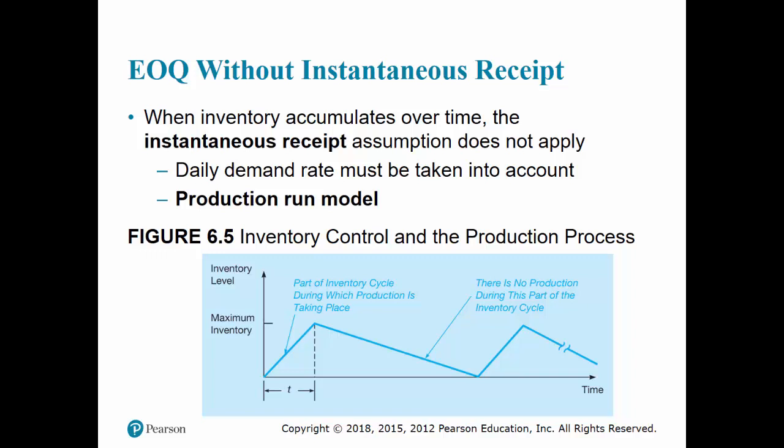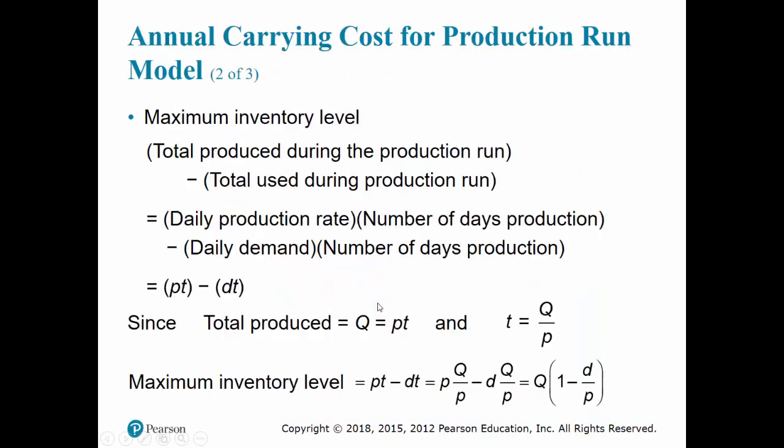If we can figure out how long the production run will be in that same time unit, then we can multiply by T and we will get the value for I sub max. That turns out to be Q over P. Q is the production quantity and P is the rate at which we are producing. So Q divided by P gives us how long the production will last. So T is Q over P.